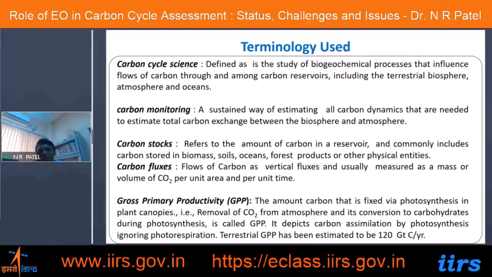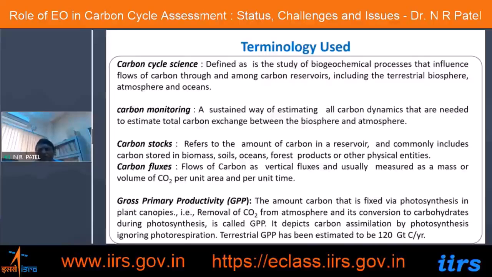That is the flow or exchange of carbon between different entities, or vertical fluxes. The flow of carbon is vertical fluxes and is usually measured as a mass or volume of CO2 per unit area per unit time. Fluxes we measure with the gradient. Whenever there is a gradient in the CO2 between two heights, we can measure the fluxes.